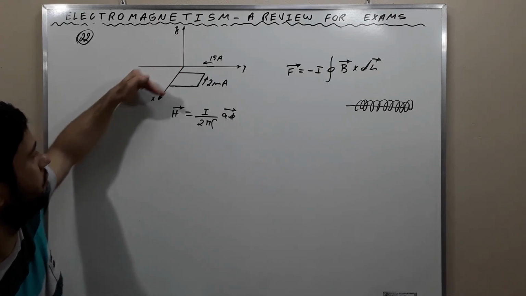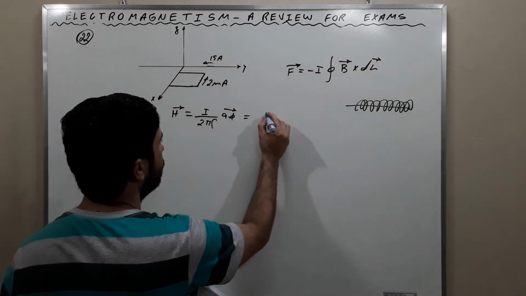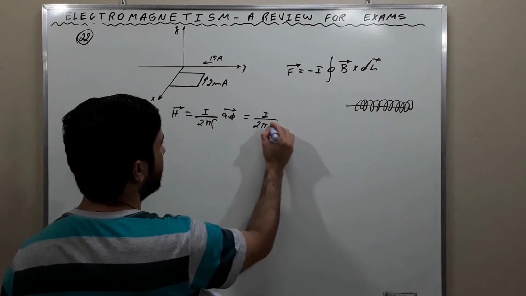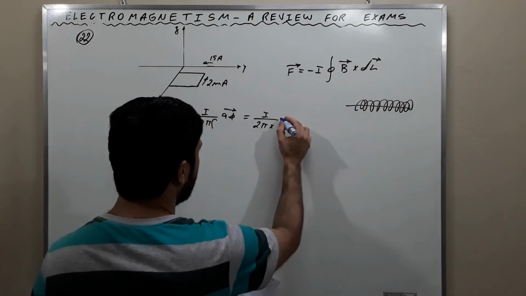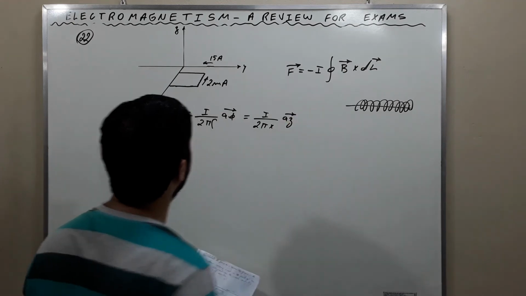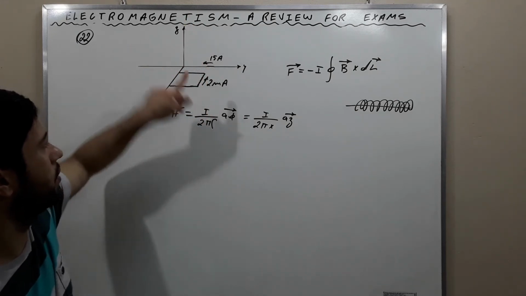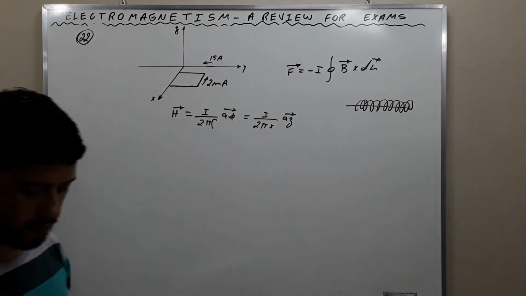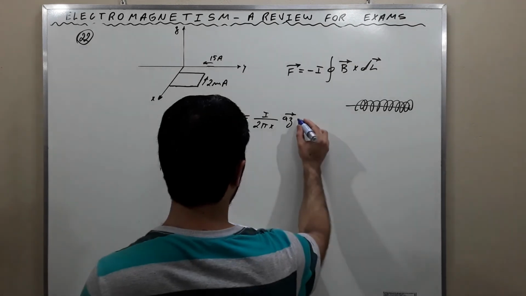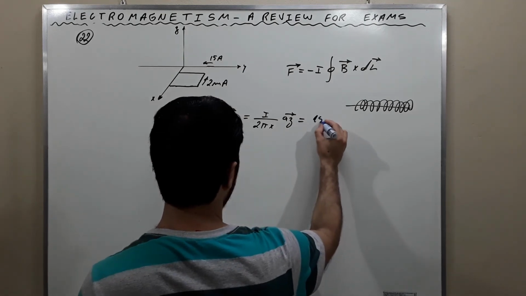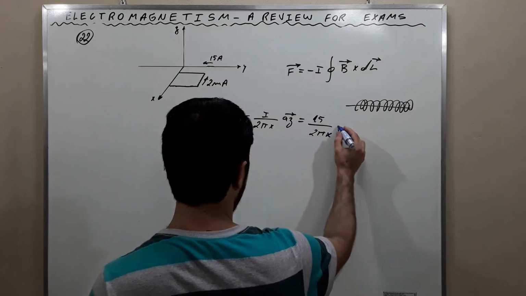It is displaced in the x direction. So this rho here can be understood as x, a_z, okay? Because the field is going to be in the z direction here. Alright? And doing this calculation, we find that it is going to be 15 amperes over 2 pi x in the a_z direction.